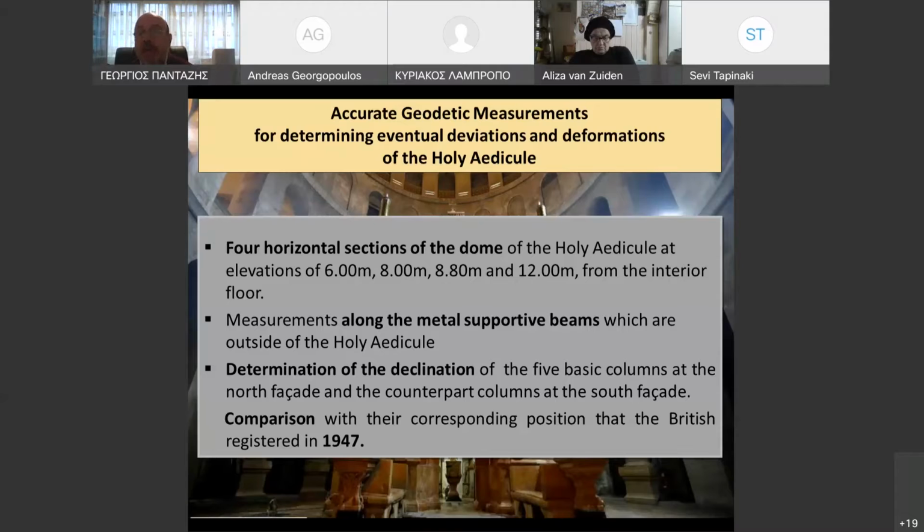Measurements along the metal supporting beams which are outside of the Holy Edicula. Determination of the declination of the 5 basic columns at the north facade and the counterpart columns at the south facade, in order to compare with their corresponding position in the British Register in 1947.